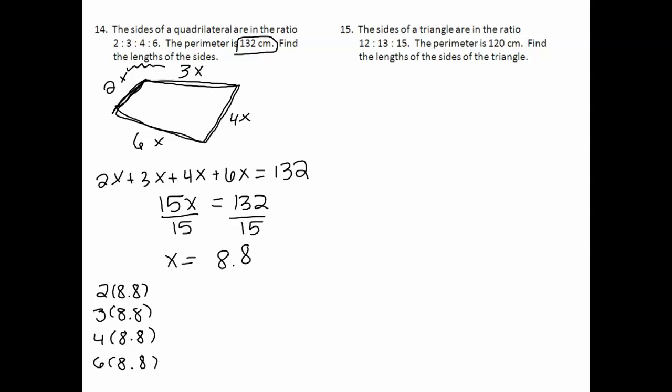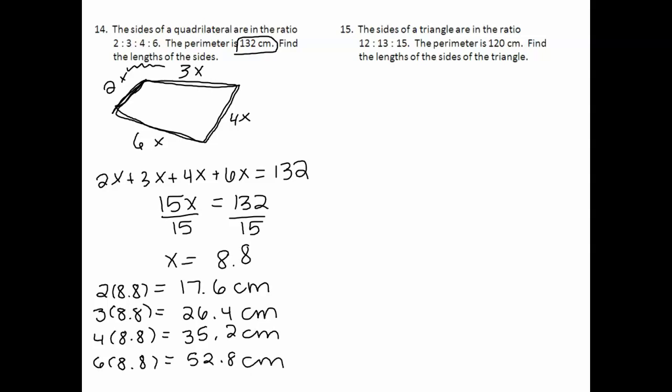So to plug x in for each of those lengths, x is 8.8, and multiply. So 2 times 8.8 is 17.6. 3 times 8.8 is 26.4. 4 is 35.2. And 6 is 52.8.